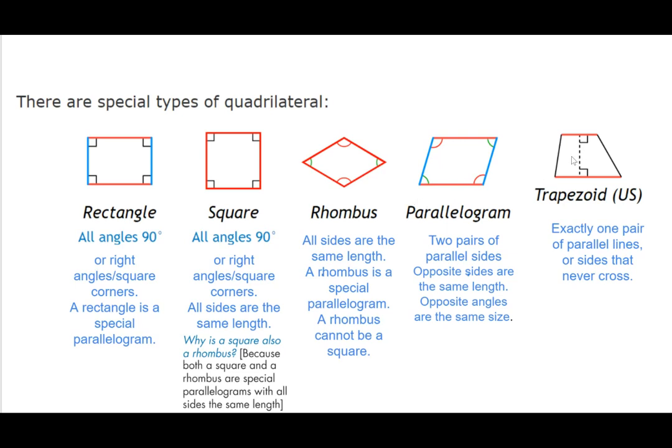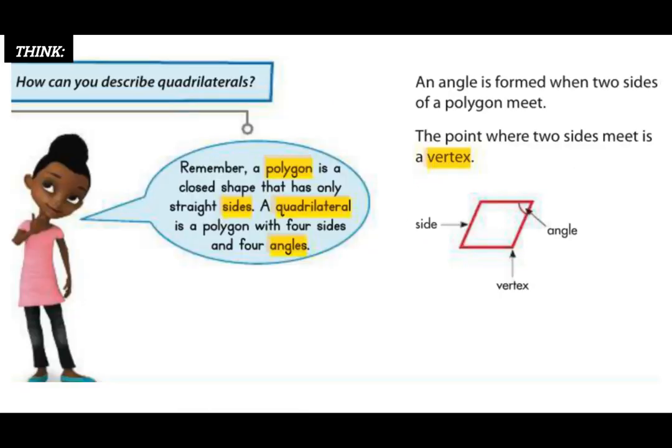Okay, but a trapezoid cannot be a parallelogram because it only has exactly one pair of parallel lines or sides that never cross. So if you were to follow these on the side, they would eventually cross and make some kind of X. But these two parallel lines, okay, this is a pair of parallel lines, never cross.